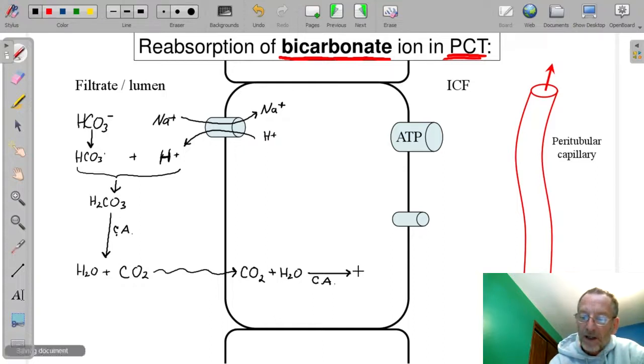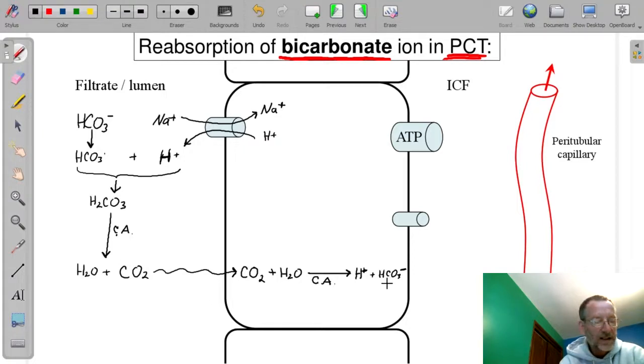I'm going to skip the carbonic acid piece for reasons of space and just go straight to the ionization of the acid. There's the hydrogen, and we have the bicarbonate. Makes sense? We brought the CO2 into the cell, combined with water. Carbonic acid was dissociated into the hydrogen and the bicarbonate ion. Now we have the bicarbonate ion inside the cell.